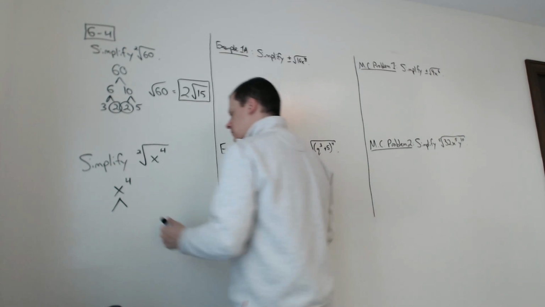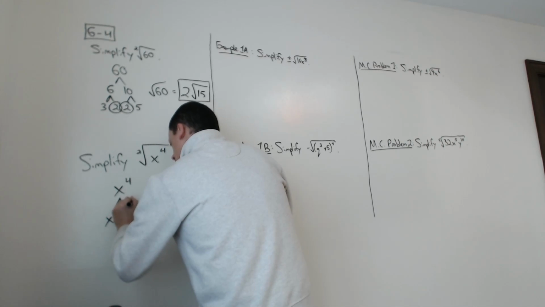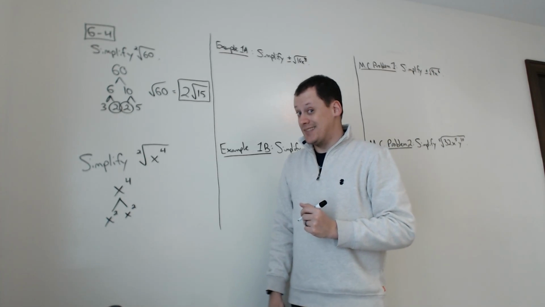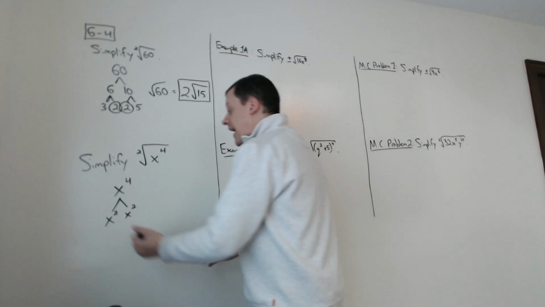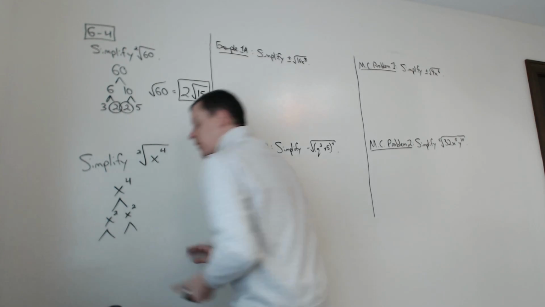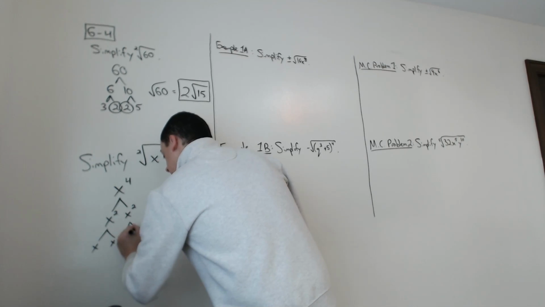Well, we could make it x squared times x squared, right? And if we wanted to, we could keep going and break this down. This is x times x and x times x.